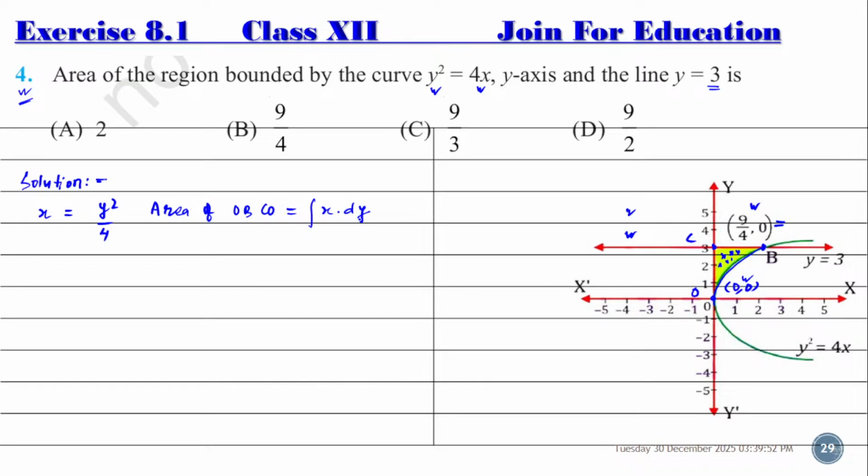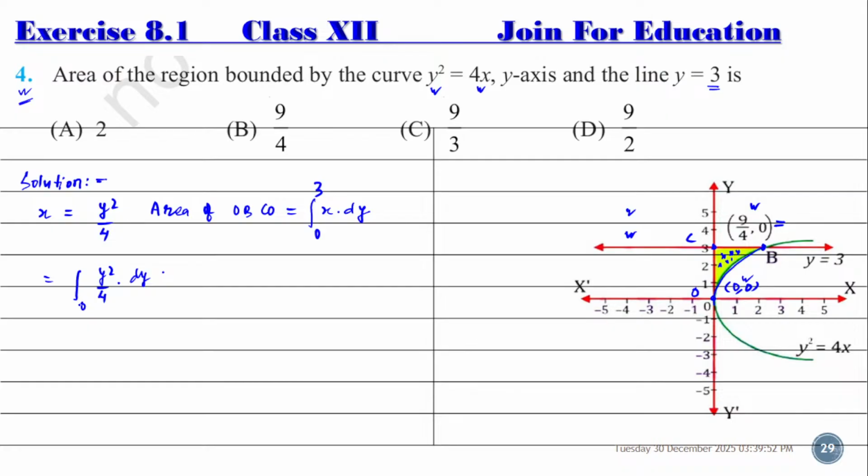So here dy changes from 0 to 3. So we write down here the value of x is y square by 4 into dy.